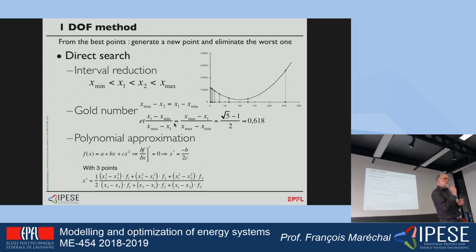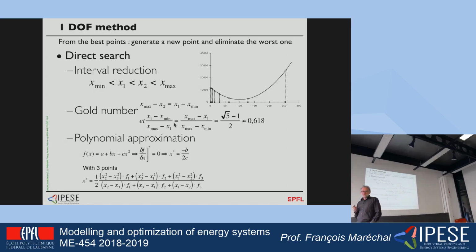So I'm sure that I will not be stuck by doing something which is oscillating because I'm dividing the step size in a systematic way. So this is the principle of the golden number. This is one way of doing it.